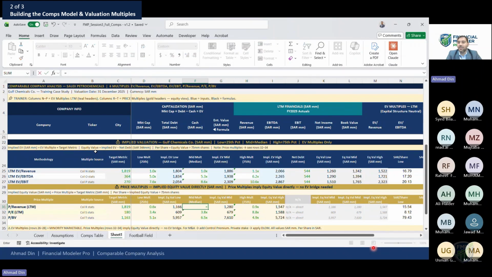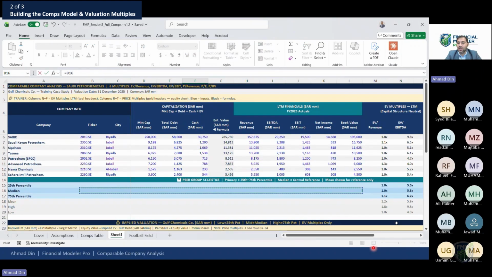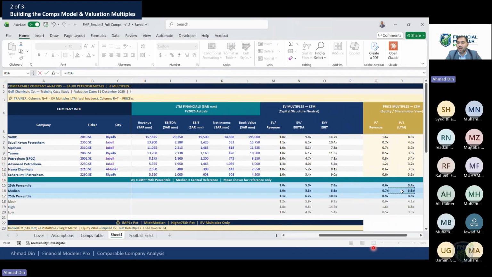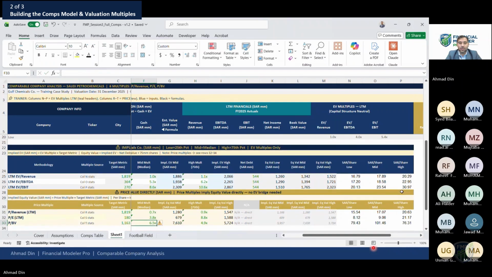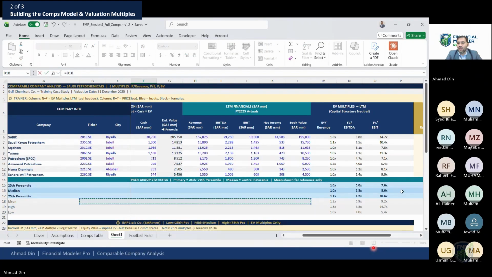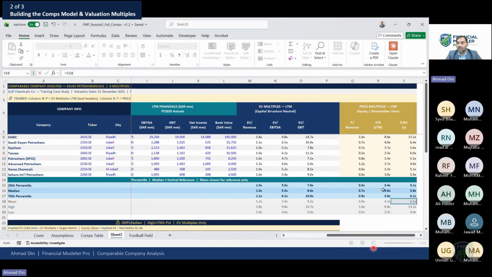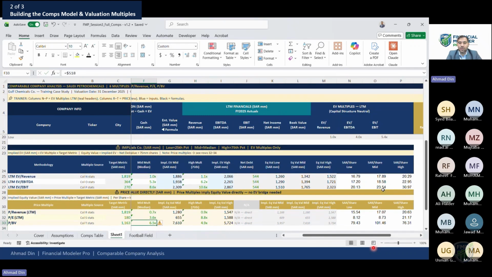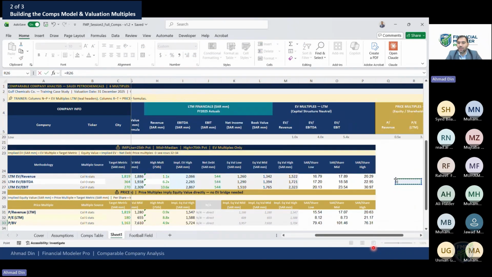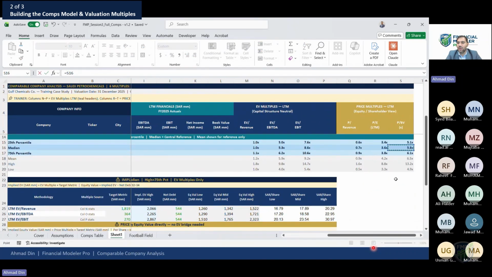So for the mid multiple, we will take the mid multiple again. We will apply the mid multiple again. So this one was wrong. So here, mid multiple.